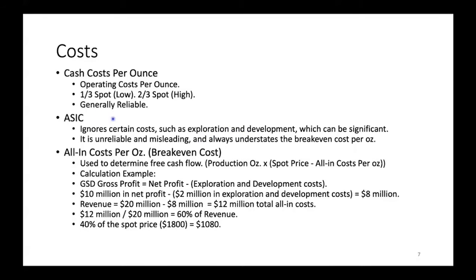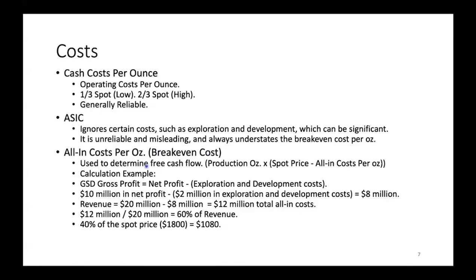But other than that, you're going to need to pad it somewhat. I've learned that for gold, you're going to pad it around $200 an ounce, and for silver, it's about five, somewhere in there. But padding is one way to do it, and the other way is what I'm going to talk about here. So this is the all-in cost per ounce, the break-even cost.